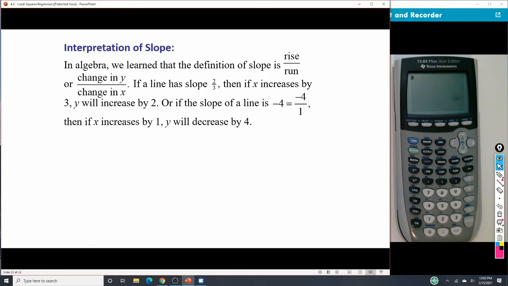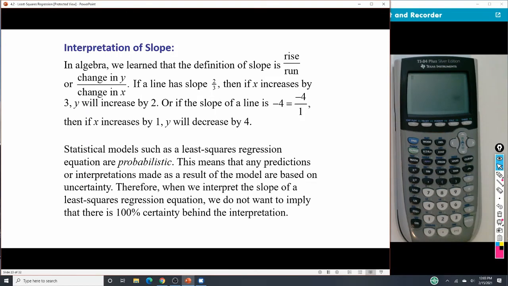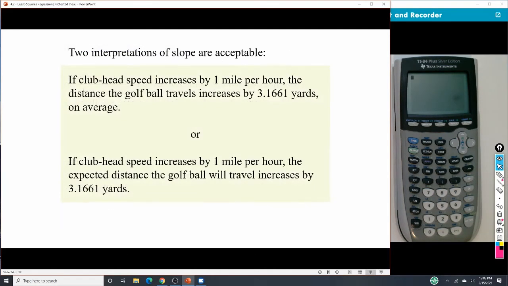And then if it's a positive slope, then it's going uphill. For instance, our club head speed there was 3.166, and as a positive, it's increasing as we do that.